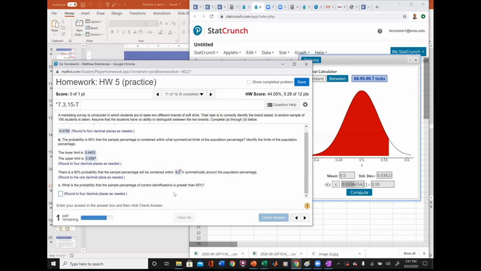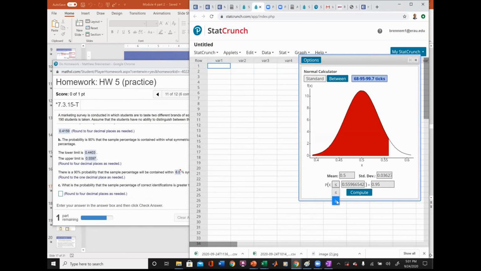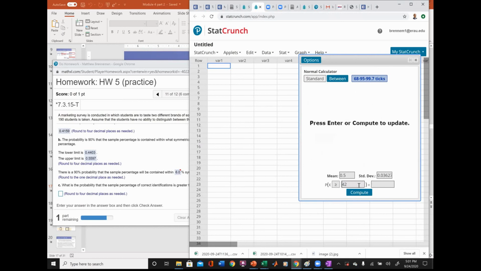Okay, my bad. What is the probability that the sample percentage of correct identifications is greater than 65%? Remember how we do that? We change that from less than to greater than and put in 0.65. And we see that it's actually very, very small.